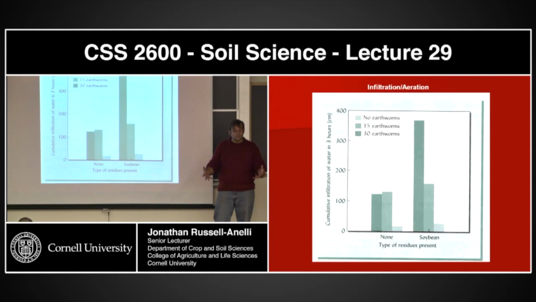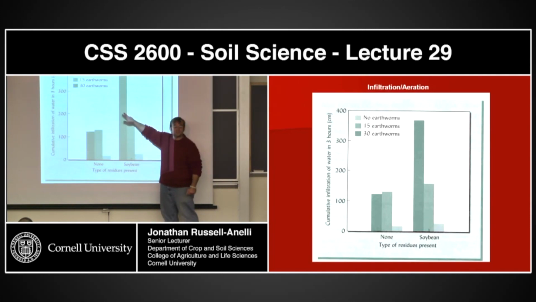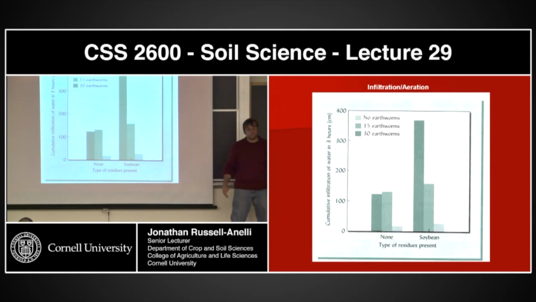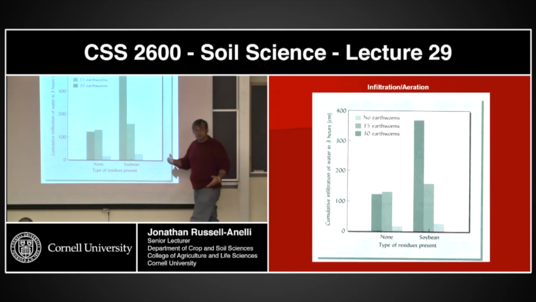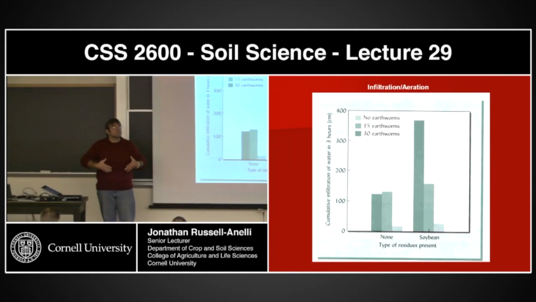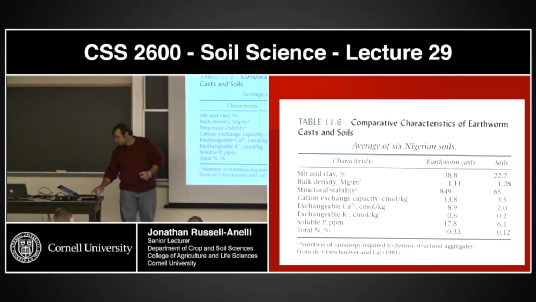They're doing a little movement, but once you start seeing food in the system, the soybeans, dramatic increases in their movement, and based on their abundance, dramatic increases in the aeration and the infiltration rate. Does that make sense? Functional response to what these earthworms are doing. Functional response in the soil to what these earthworms are doing in their own functioning.